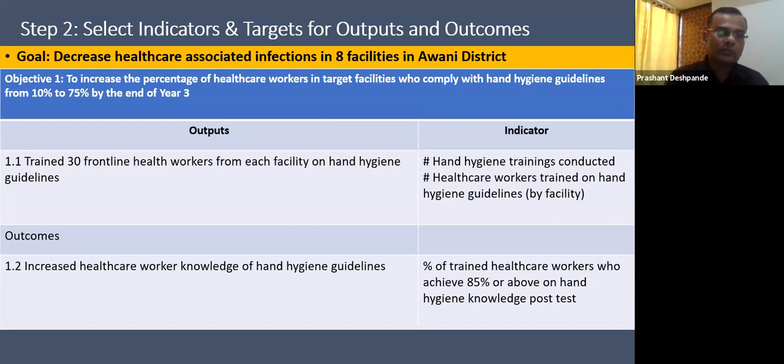Then outcome was to increase healthcare worker knowledge of hand hygiene guidelines. Then the indicator could be percentage of trained healthcare workers who achieve 85% or more on hand hygiene knowledge post-test. So these indicators we can develop. So step 2 is to have indicators and targets.